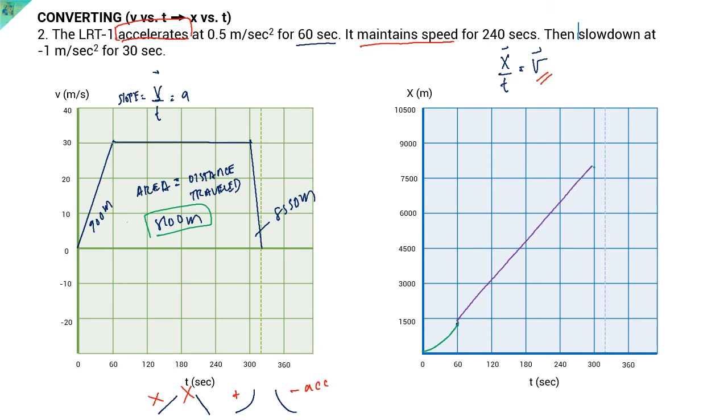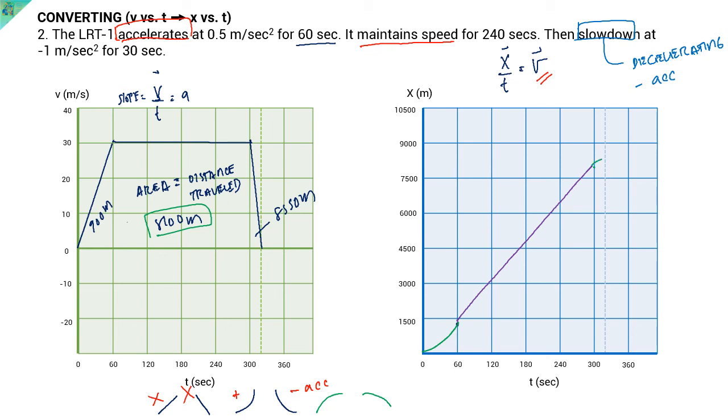After a while, it slows down, and slowing down means it is now decelerating, or you have a negative acceleration. And a negative acceleration means that you have to curve the other way around. So instead of curving like this, you curve like this, or downward.